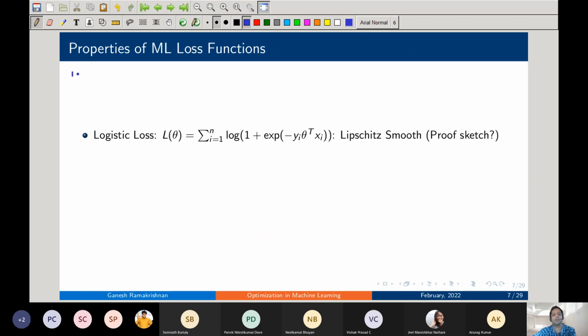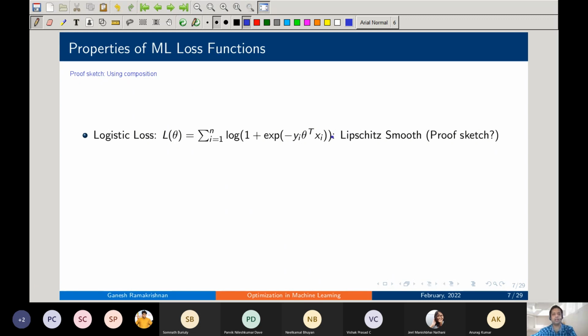Part one, where you take a simple function f1. Okay, so let's say proof sketch using composition. By the way, I did this for Lipschitz continuity, but you can probably do it for Lipschitz smoothness as well. I'll not get into that right now.